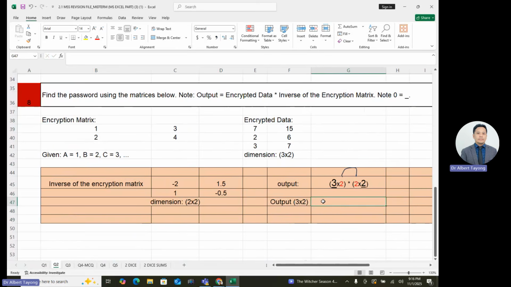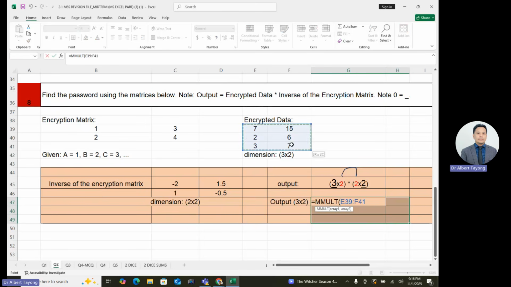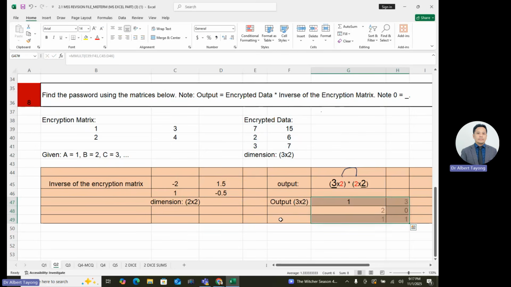So we have to select 3 rows, 1, 2, 3, and move to the right to select 2 columns all in all. Then equals MMULT, and follow the formula. We have to select the encrypted data first, comma, then the inverse of the encryption matrix, this matrix, and enter. Center the contents.